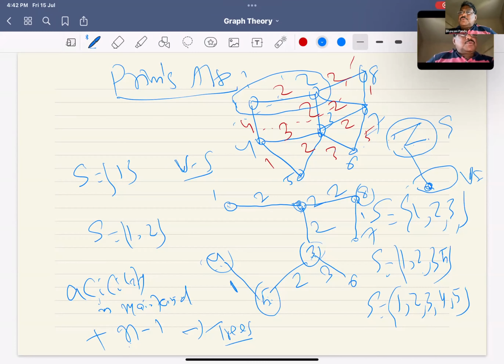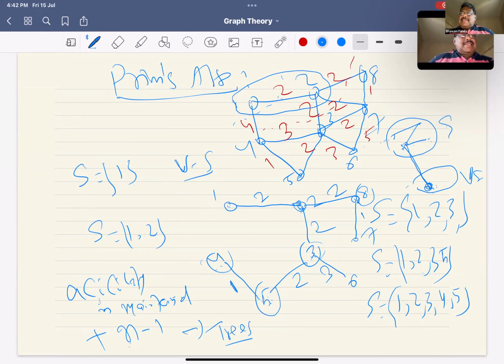I'm not adding an edge between two vertices of S. I'm adding an edge whose one endpoint is in S and another endpoint is in V minus S. The particular vertex may be adjacent to only one vertex of S, so this kind of edge will go.